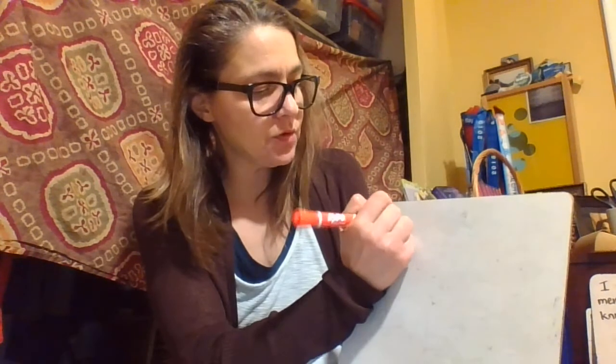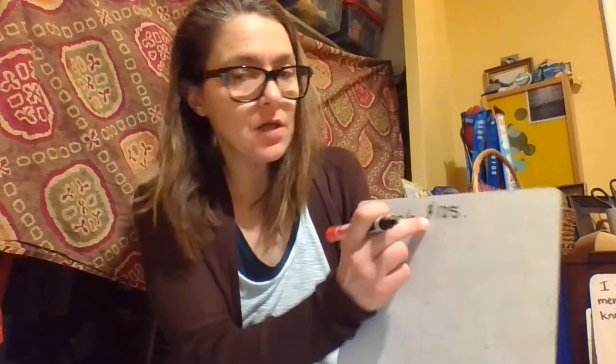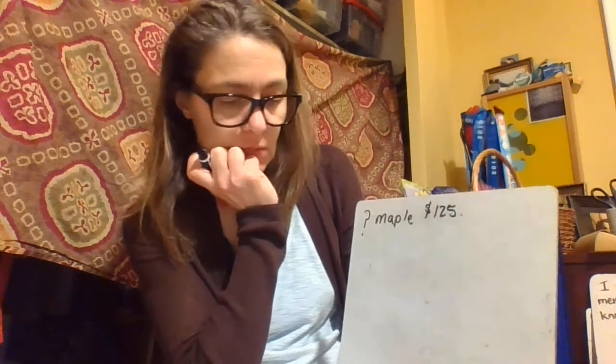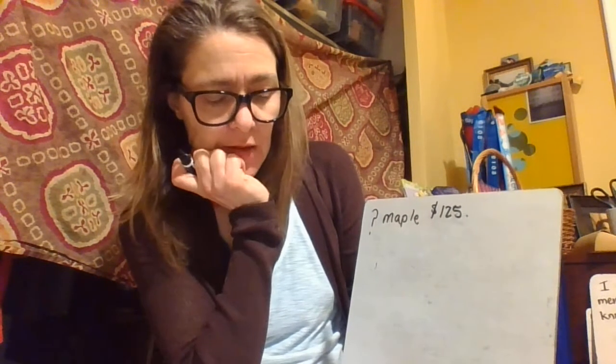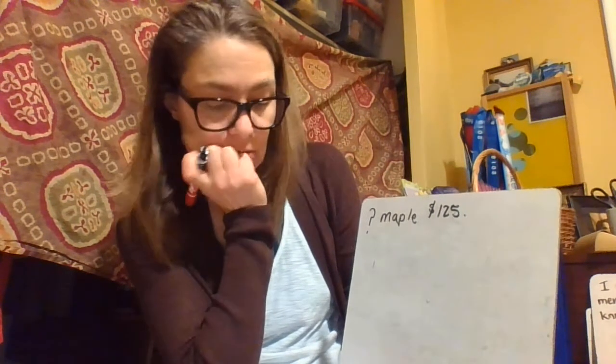What do we know? Well, we know that the maple tree costs $125. Remember that's the dollar symbol, and we use a decimal there to show that this is dollars and not cents. And then they want us to find out what the cost of the spruce tree is and what the cost of the elm tree is.